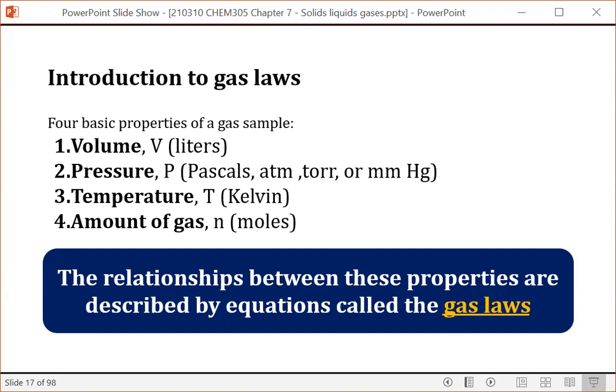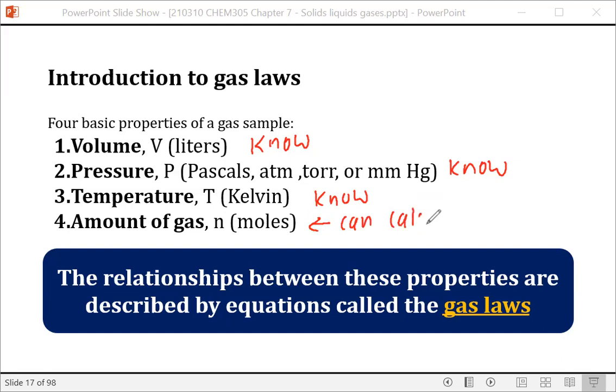With these four basic properties of a gas sample, we can relate these properties using what are called the gas laws. What the gas laws do is give you a way to calculate the unknown if you know, say, the volume of the gas, the pressure, and the temperature.